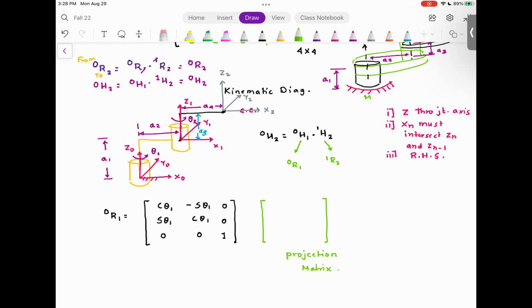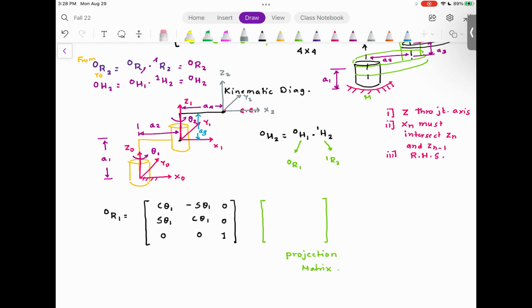We know for a fact that z0 and z1 will be aligned, but there is no guarantee that they will be pointing in the same direction. Do you agree with me? So you can assume z0 going up and z1 going down. Okay, so in this case, the first problem, everything is simple.